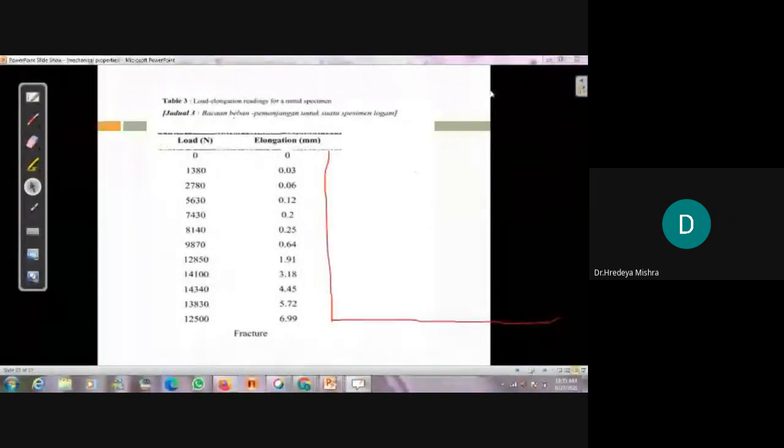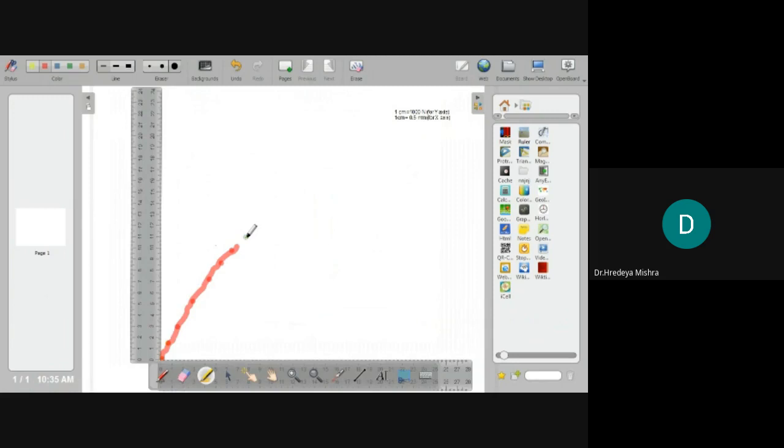Okay, so when we put all the points, we get this type of graph. So what happens?